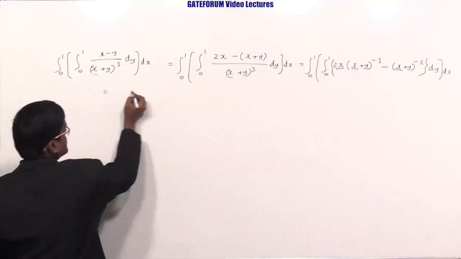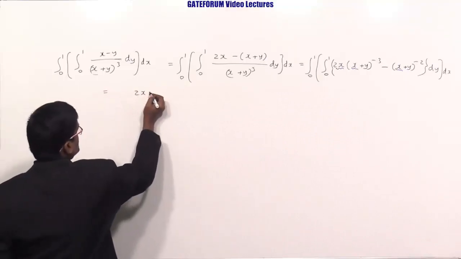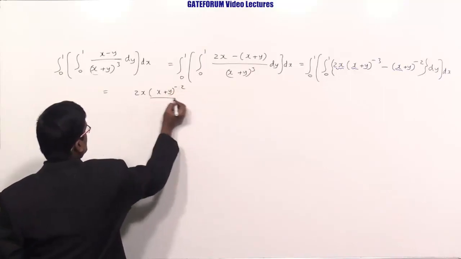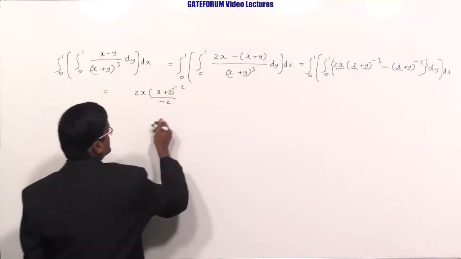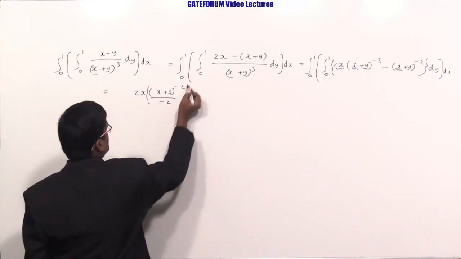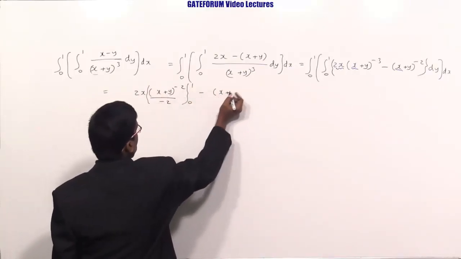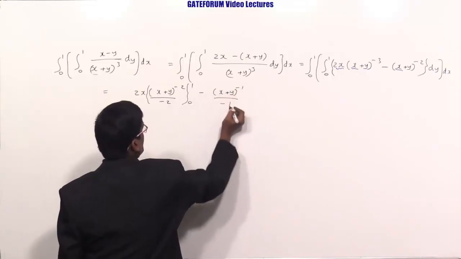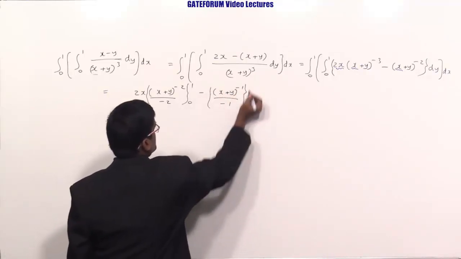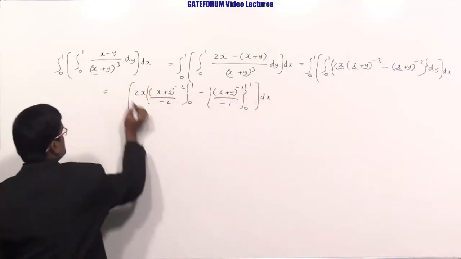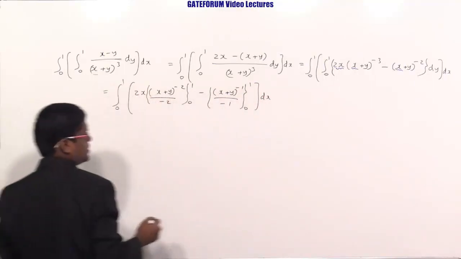So this will give 2x into (x plus y) whole to the power minus 2 divided by minus 2 between the limits 0 to 1, minus (x plus y) whole to the power minus 1 divided by minus 1 between the limits 0 to 1, and these two terms with respect to x finally between the limits 0 to 1.